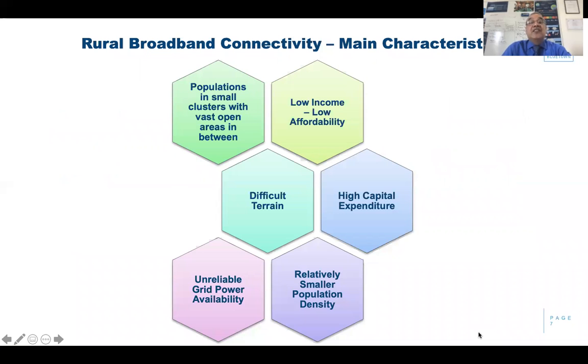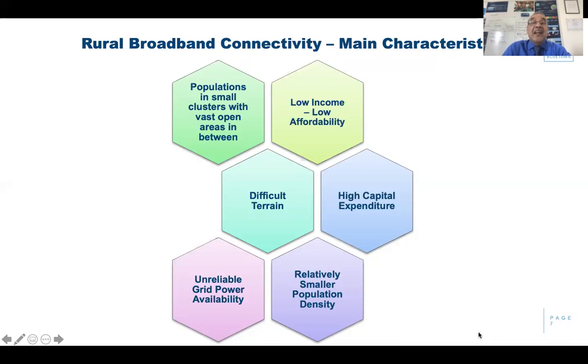The main characteristics of rural broadband connectivity are shown here. The population is in small clusters with vast open areas in between, low income and hence low affordability, high capital expenditure, difficult terrains, unreliable grid power availability, and relatively smaller population density.